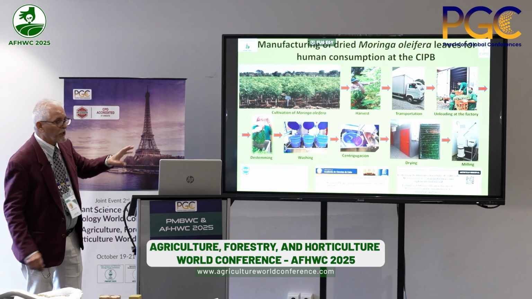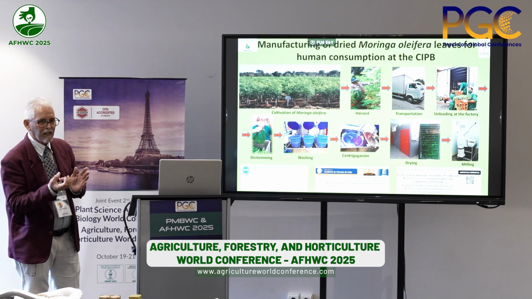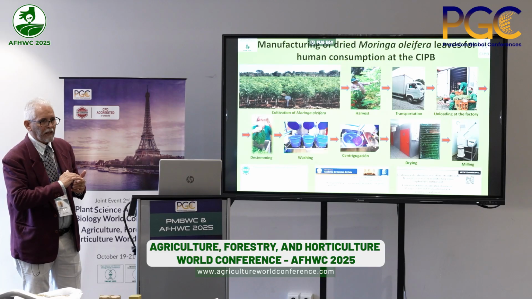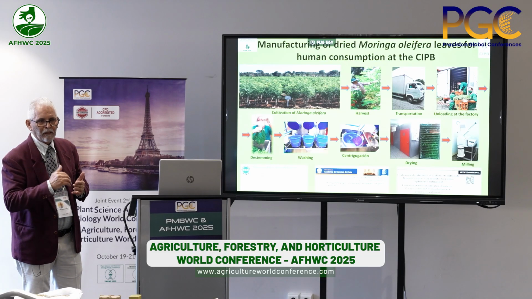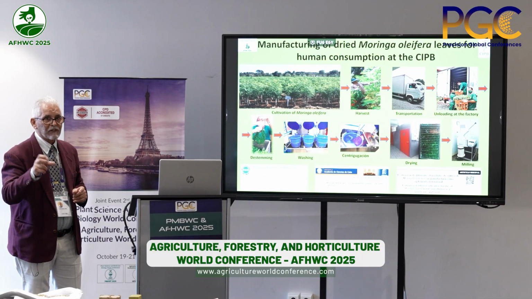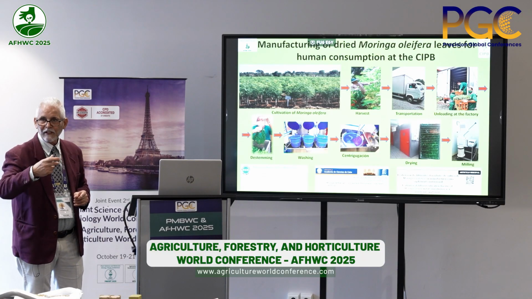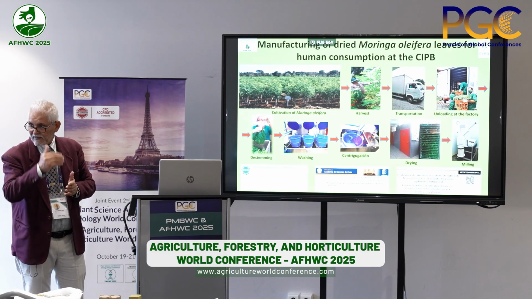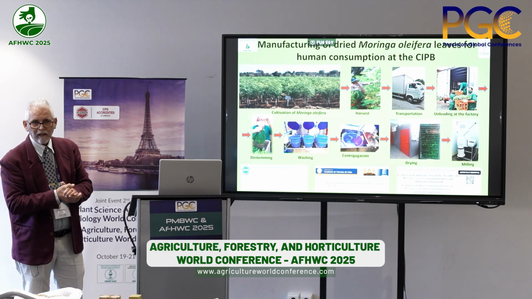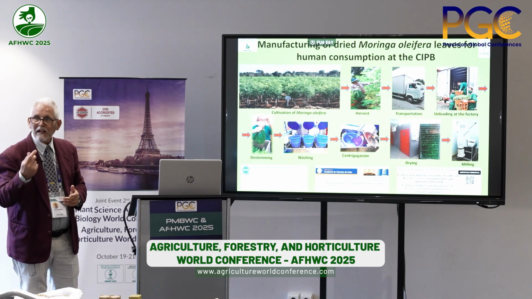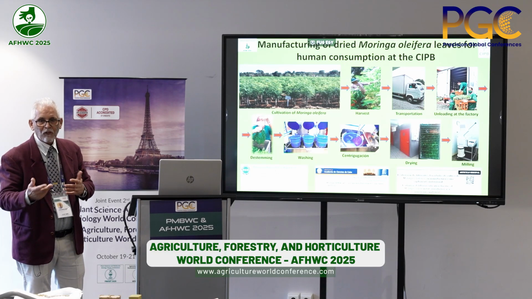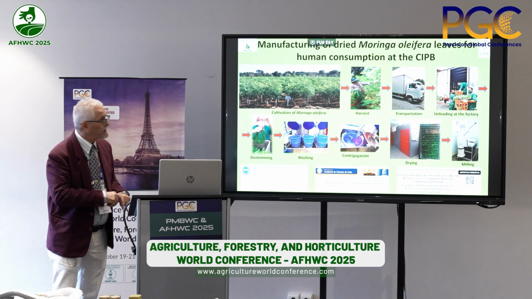In that case, we focus our research on having a technology that allows us to get the bromatological composition of the moringa always the same, and to obtain a moringa leaf, a safe leaf, free of contaminants from the soil.